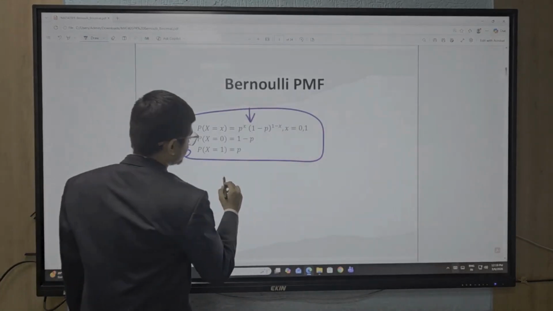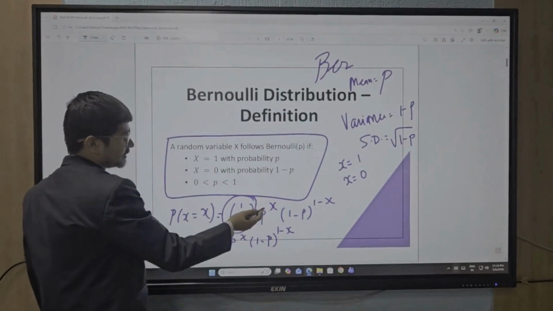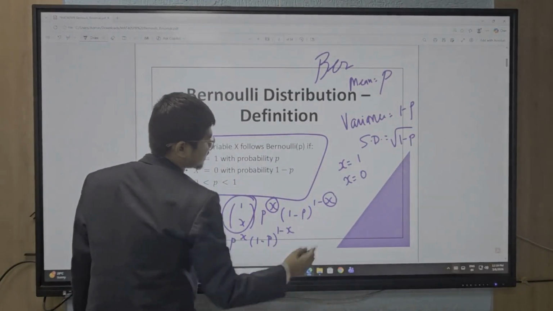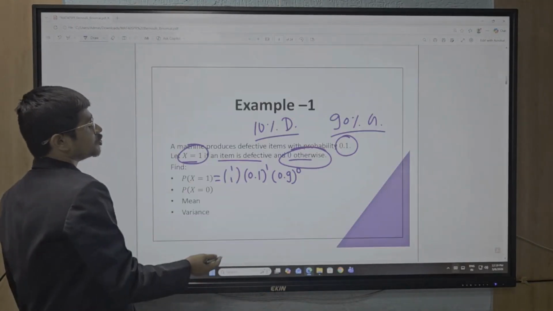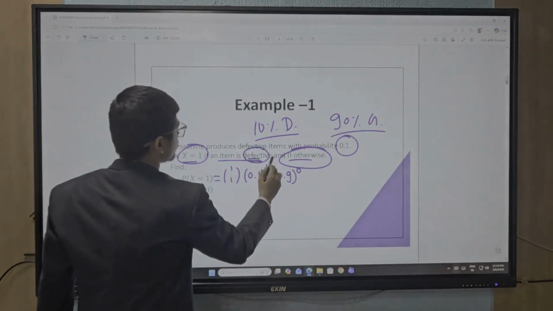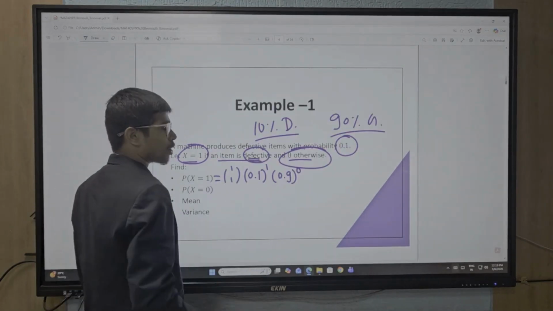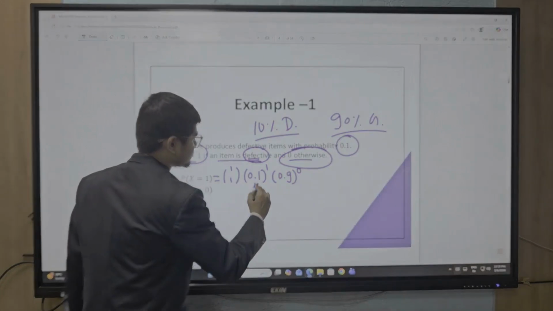Because the range of X is 0 and 1, but here the main objective is defectiveness, so the defective is our success, and the probability of success is 0.1.